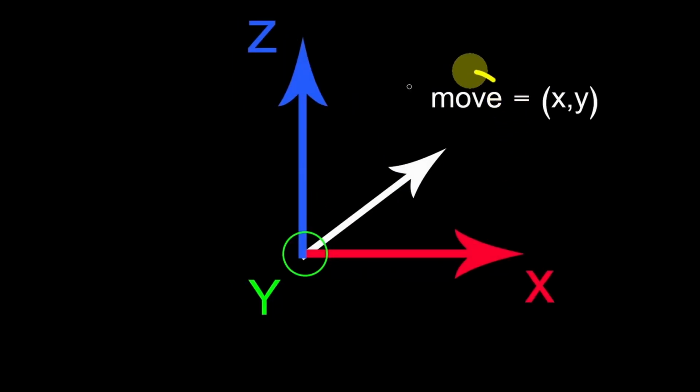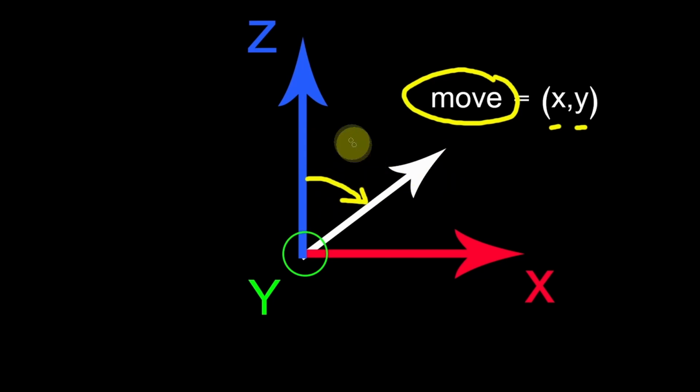We need to convert the move vector that has the XY values, which is this vector, and get the angle between the forward vector, which is the Z axis, and the move vector, so that we can rotate the player towards this direction. And to get this angle from the X and the Y values, you have two options.